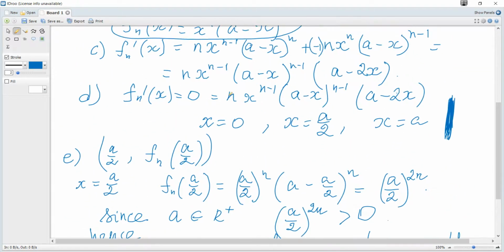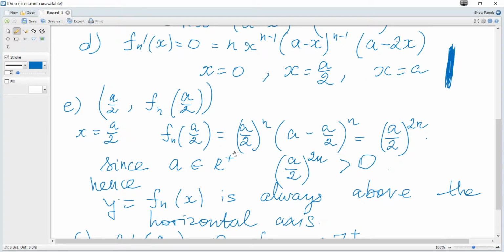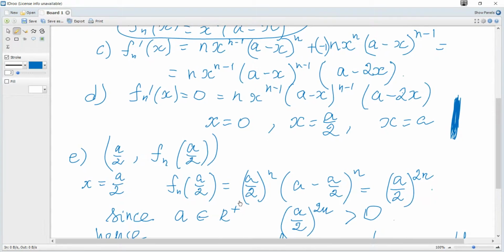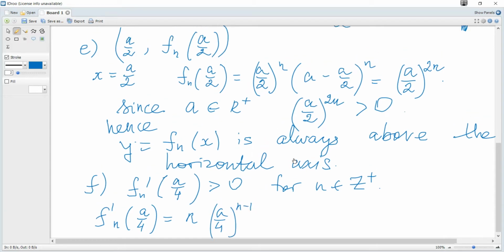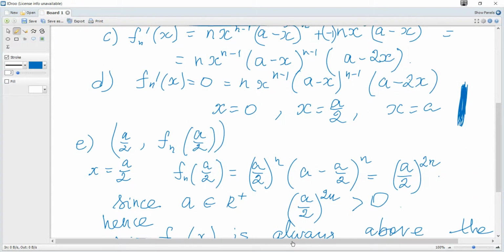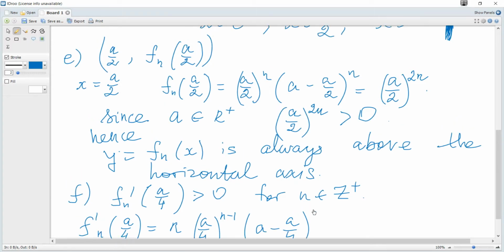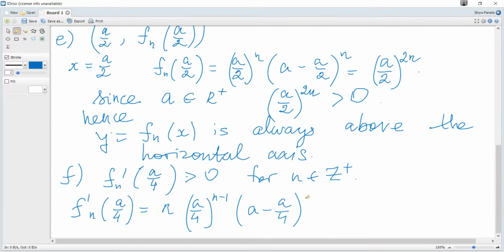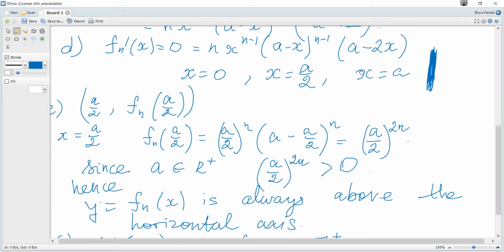It's this expression, and we just consider the derivative at a over 4, and it becomes n (a/4)^(n-1) (a - a/4)^(n-1) and multiplied by (a - 2x).